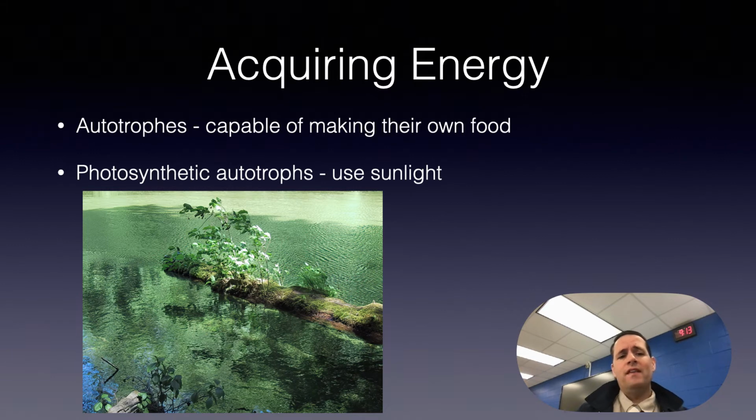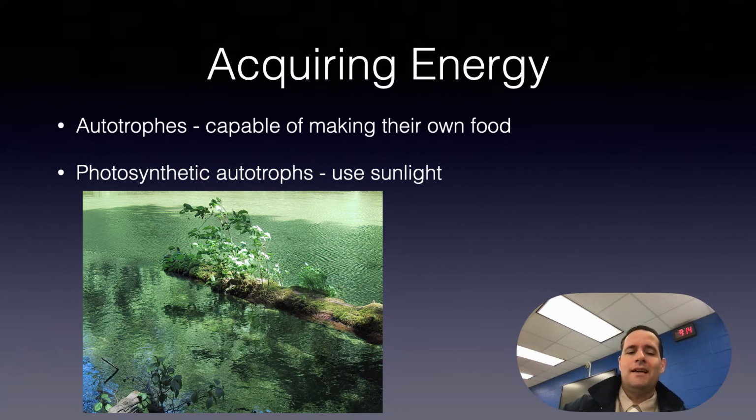So photosynthetic and chemosynthetic organisms are both grouped into a category known as autotrophs, and I've defined it here on the slide. These organisms are capable of synthesizing their own food. More specifically, they're capable of using inorganic carbon as a carbon source, like carbon dioxide. Photosynthetic autotrophs are called photoautotrophs.